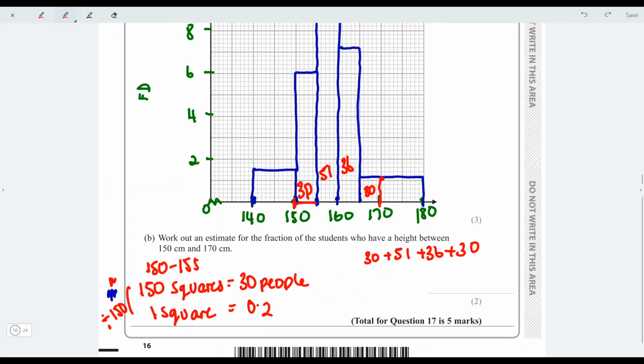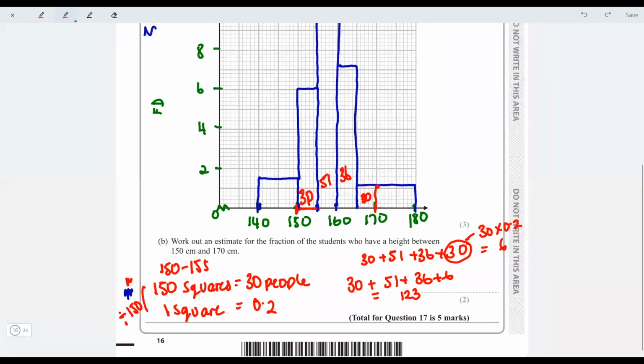Okay, I can't use a 30 because that's not 30 people, is it? So I need to do 30 times 0.2 because each box is worth 0.2. That gives me 6. So 30, add 51, add 36, add 6 gives me 123.